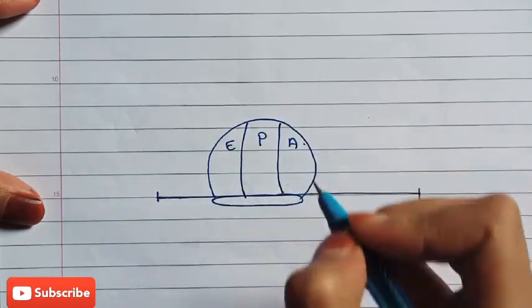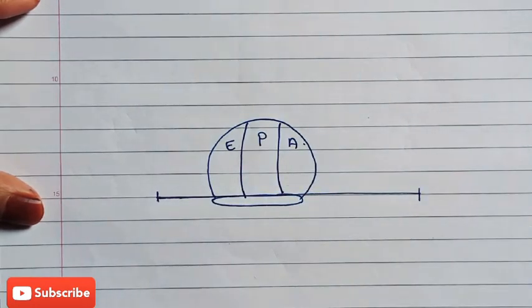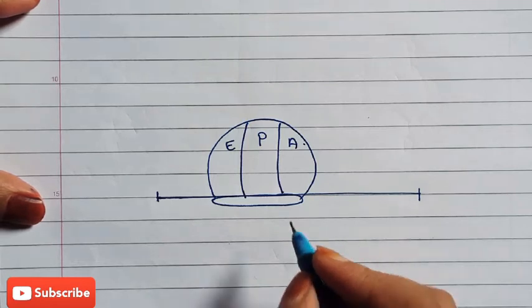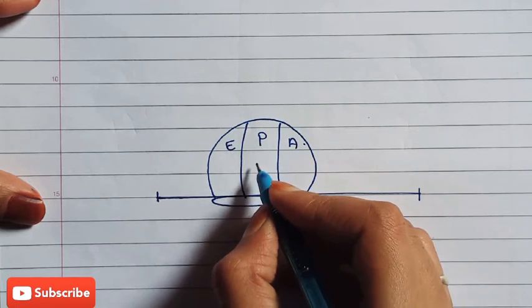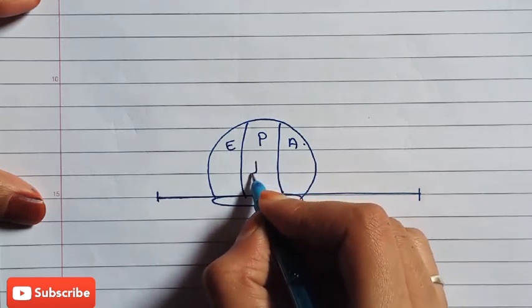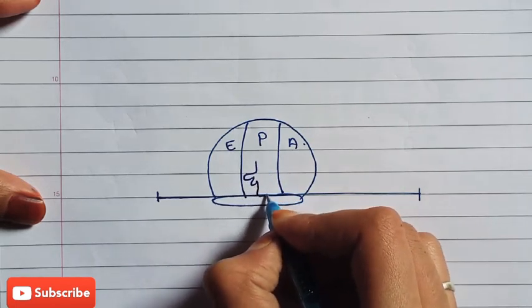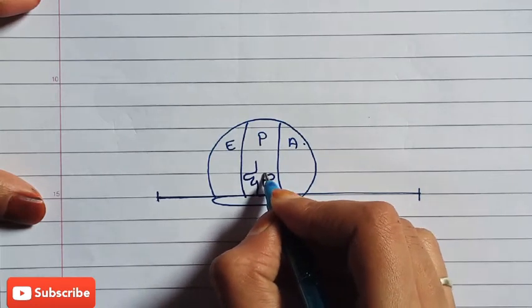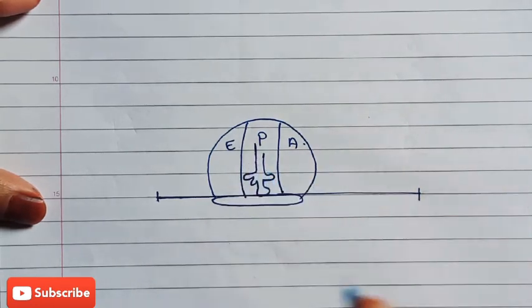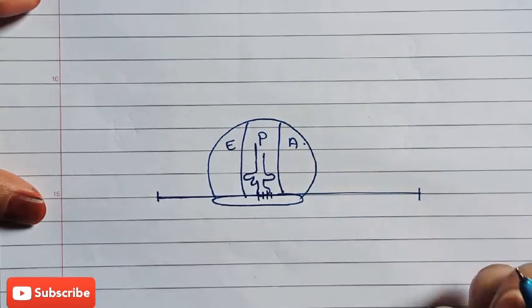But the first codon, or the first nucleotide, is going to be at the P site. Here you can see the tRNA is going to come here, and here it's going to bind.